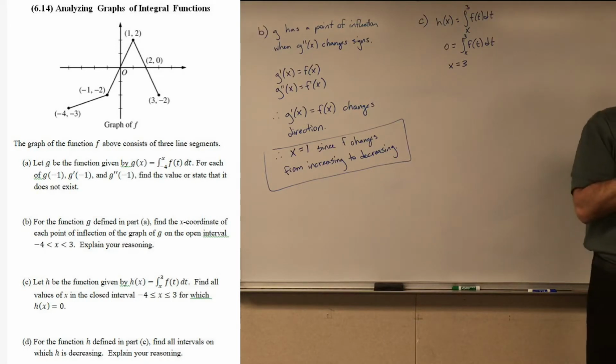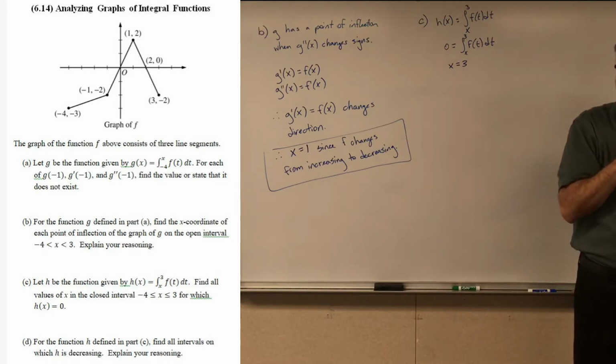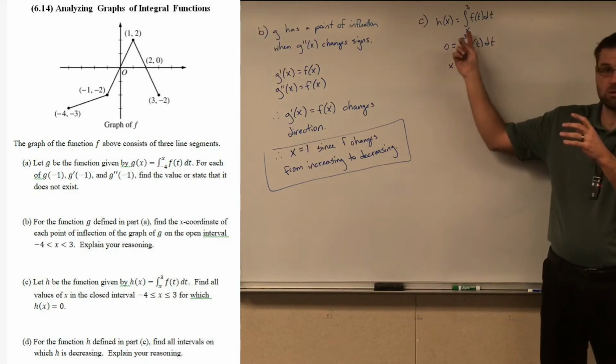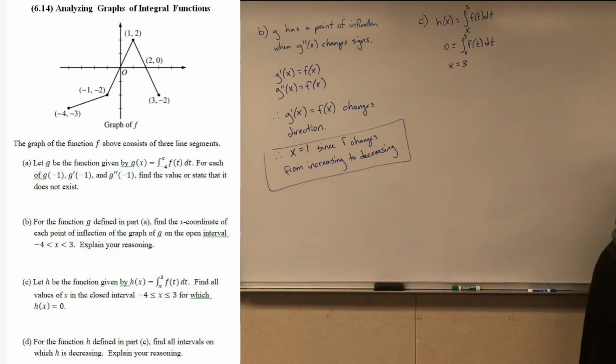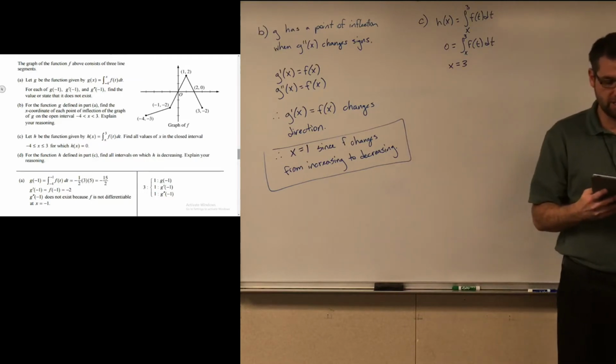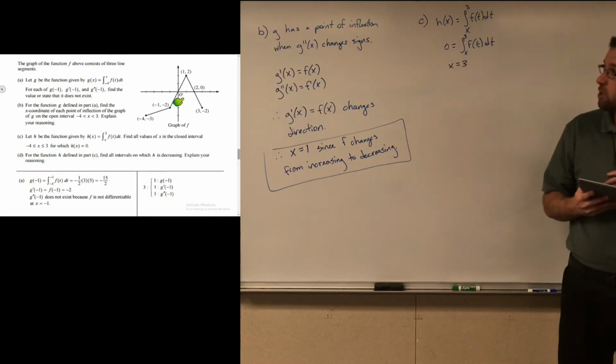Where is our region that we're trying to find the area of ending? It's from x to 3. So our lower bound is, we don't know, but our upper bound is 3. So we are trying to end here. So we're kind of going backwards because we're trying to find a point somewhere over here so that when I take the integral all the way to 3, it's 0. What if I took the integral from 2 to 3?